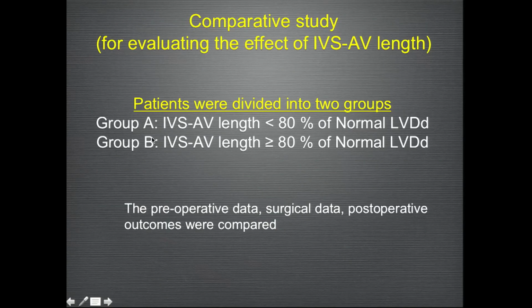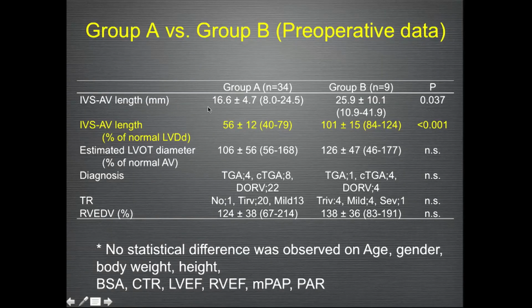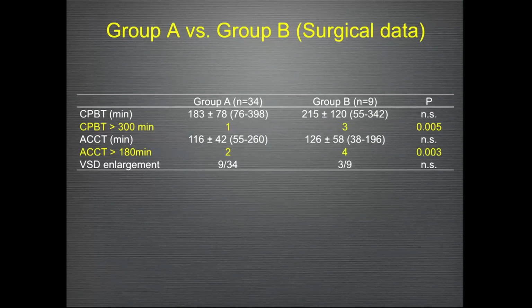And then we calculated again, group A with IVS to aortic valve length less than 80%, and group B with length more than 80%. We checked that a long distance from the left ventricle to the aorta is one of the risk factors of death because of left ventricular outflow tract obstruction.